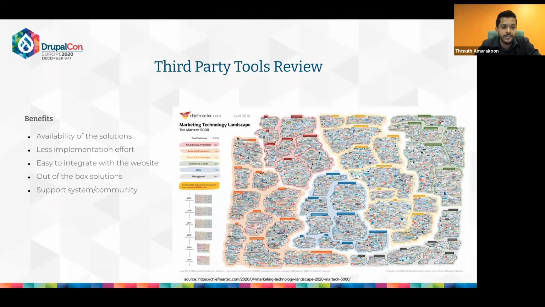Obviously you don't have to implement anything, and the solutions are out of the box. You can just connect these tools easily with your website. Like I mentioned earlier, it might be just including a tracking code, a JS snippet in your header, just to communicate with this tool. And they have their own support system or community around that tool, which you can always talk to get support.